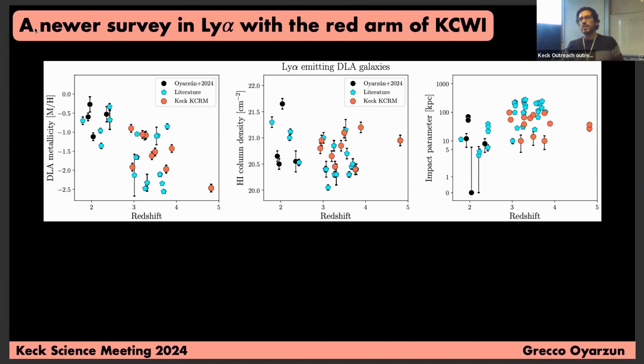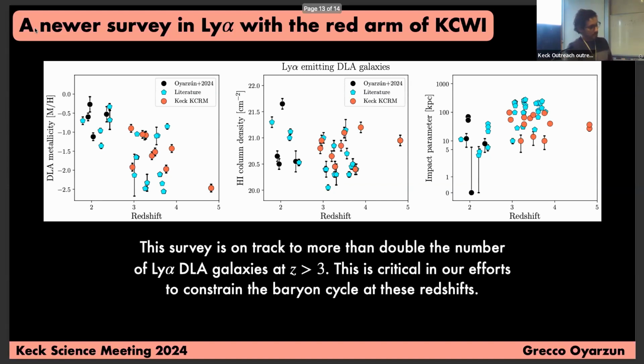In blue, everything that's been done in the literature up to date using Lyman alpha emission. And in red, what we've achieved in only 4 nights so far with the red arm of KCWI. And you can see that we are almost doubling the total amount of detections that have been done by multiple works in the literature.